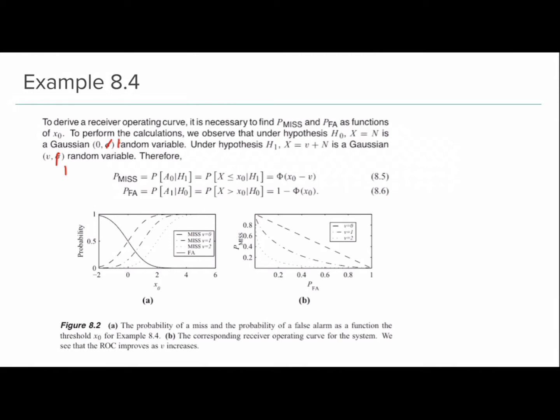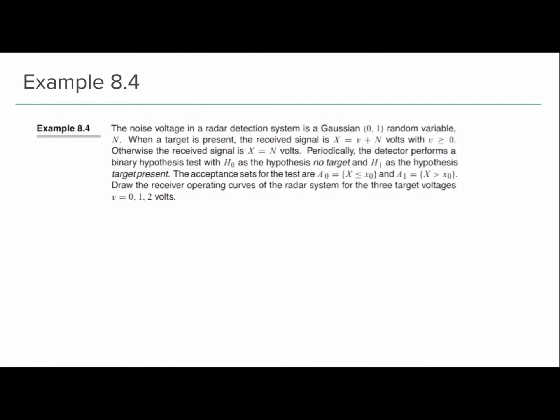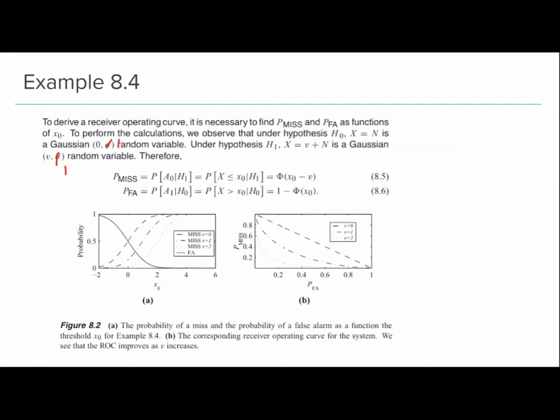So what we know is that the probability of miss is P of A0 given H1, right? And what were the conditions for A0 and A1? The sets were defined as A0 equal to x less than or equal to x0, and A1 equal to x greater than x0. So the probability of A0 given H1 will be the probability that x is less than or equal to x0 given H1.